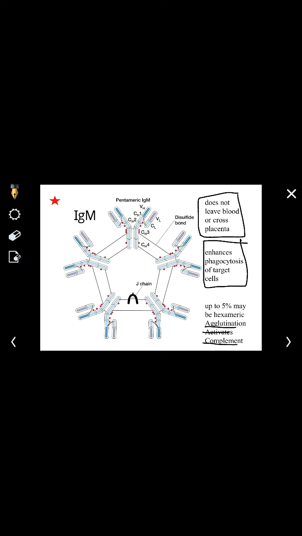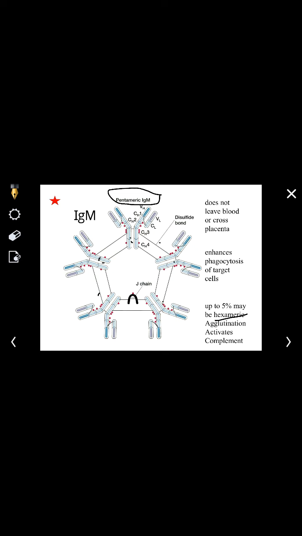They're pretty big. They mostly occur as pentameric IgM, but they can be hexameric.